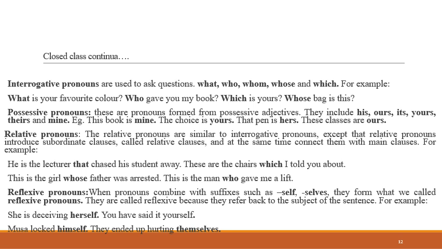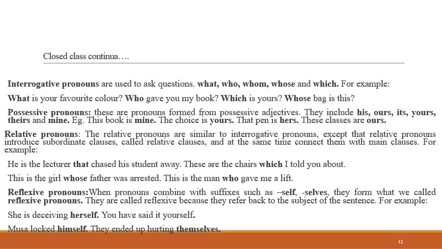In other classification, we have reflexive pronouns, which have the suffixes self and selves. That's for singular and plural respectively. They are co-reflexive because they refer back to the subject of the sentence. For instance, she is deceiving herself. Herself going back to who? She. You have said it yourself.